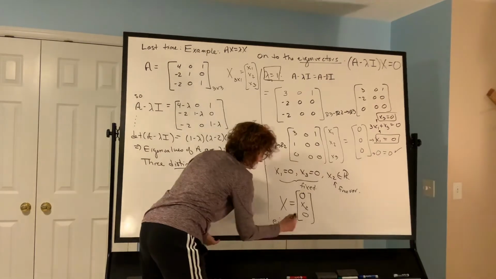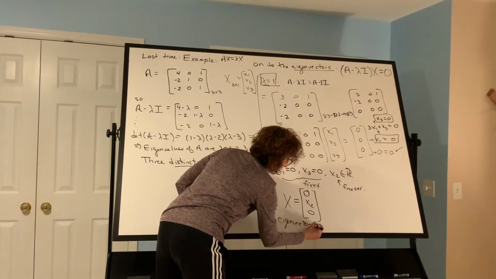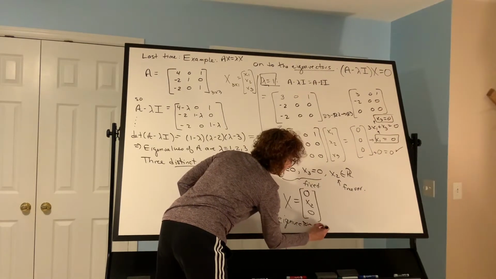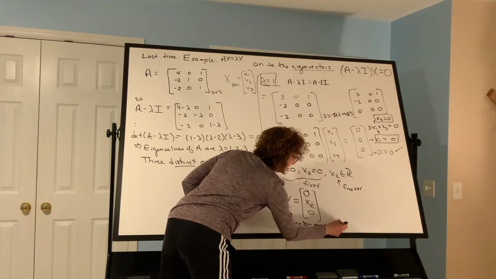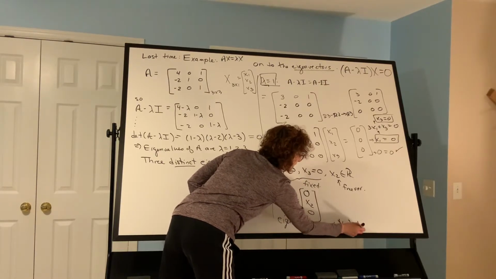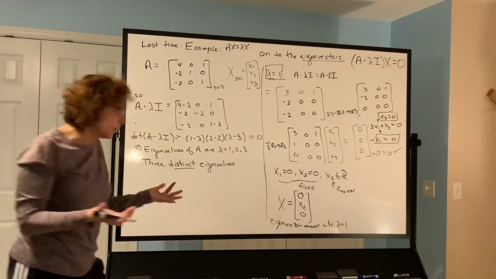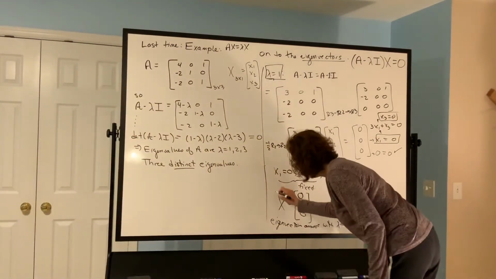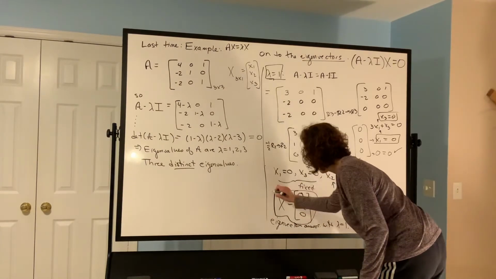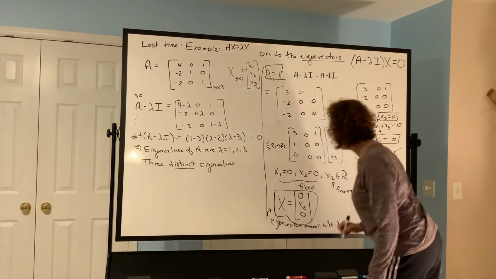Eigenvector associated with lambda equals 1, okay? Now, we're going to want to do what we did before. That's what this is right here, my eigenvector x.